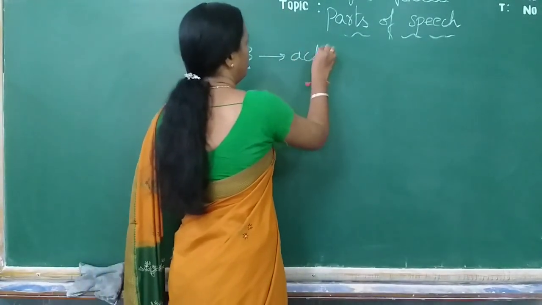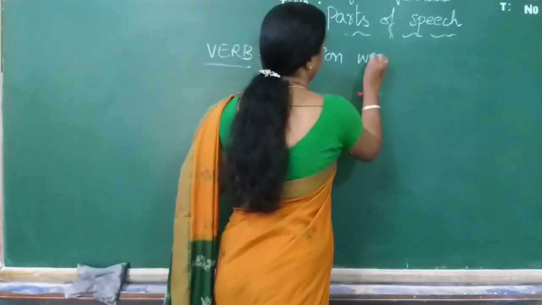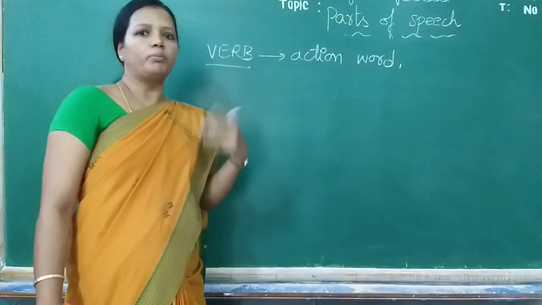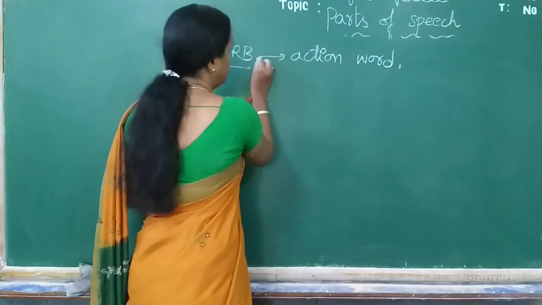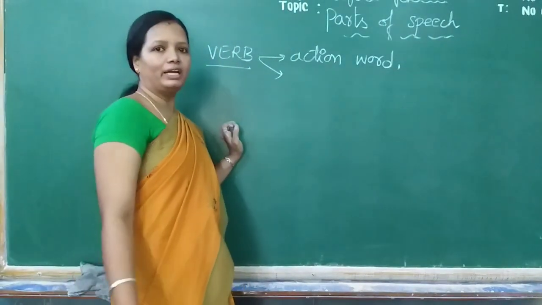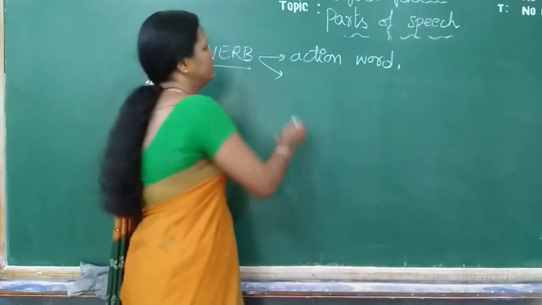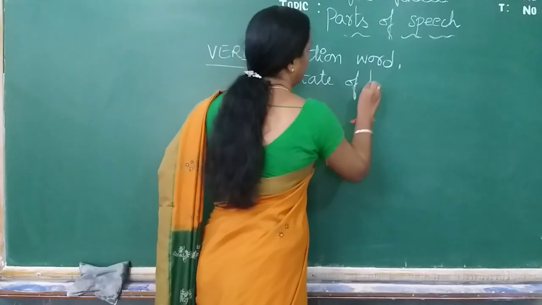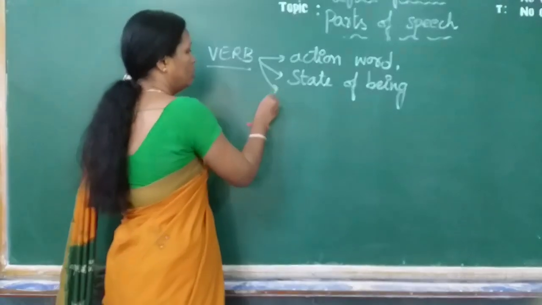So all the children know that verb is an action word, right, children? Still we need to know some more things about this verb. Verb is an action word, and along with that it denotes the state of being. State of being. And also possession.